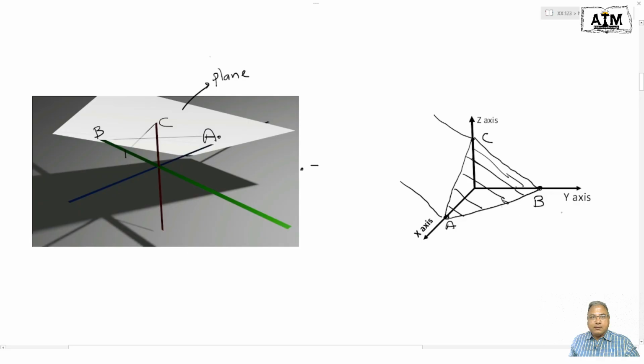We can extend the plane to any length. Length and breadth can be extended infinitely, but the thickness of the plane must be negligible. It is very thin. So thickness is not important. Only the length and breadth of the plane are important.